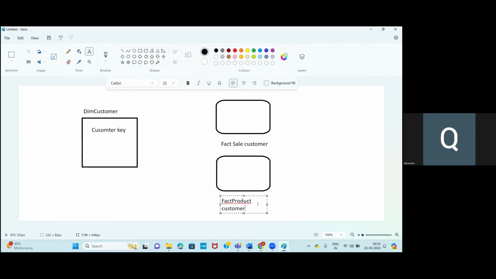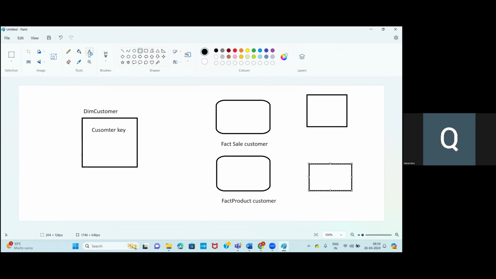So these fact tables are again like this. We have dim sales and dim product as separate tables. Say we have two tables, dim customer and dim product. Here we have dim sales, and here dim product. And this dim customer has a relation with the fact sale. And dim sales also has a fact sale.